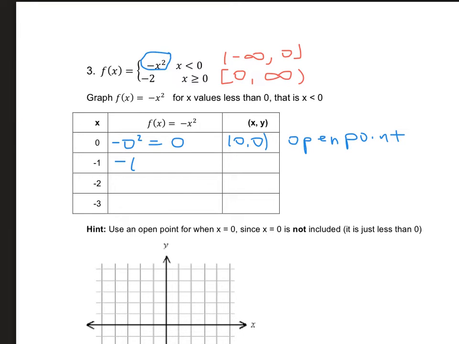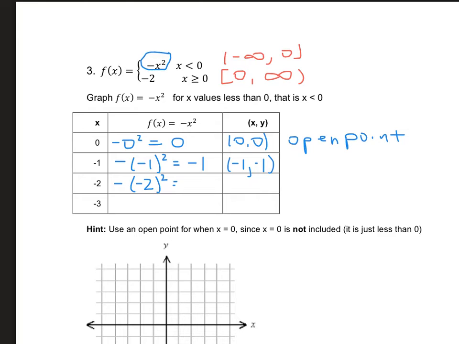Negative out in front of negative 1 squared. Well, negative 1 squared is just 1, and then the negative outside of the parentheses applies, so we get negative 1. So the point is negative 1, negative 1. We plug in a negative 2, so we have a negative out in front of negative 2 squared.